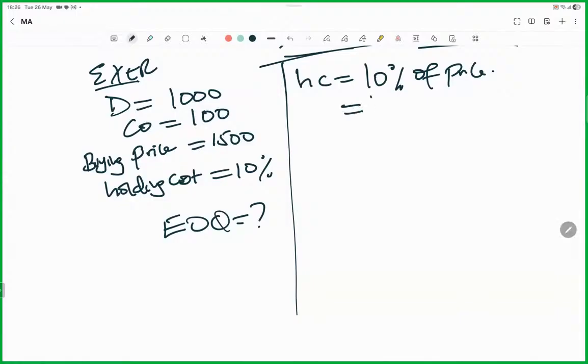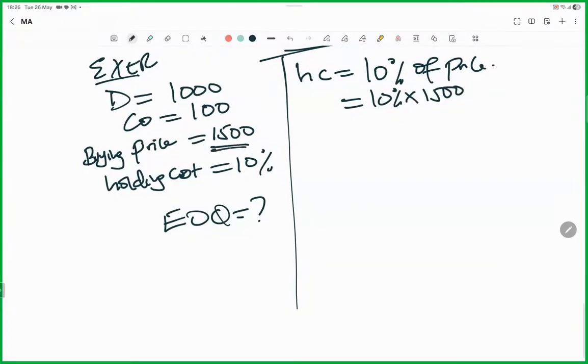So this is 10% of the price, which is 1,500. This is the capital tied in the stock, and we are losing 10% of that. So this will give me 150. The formula still remains.